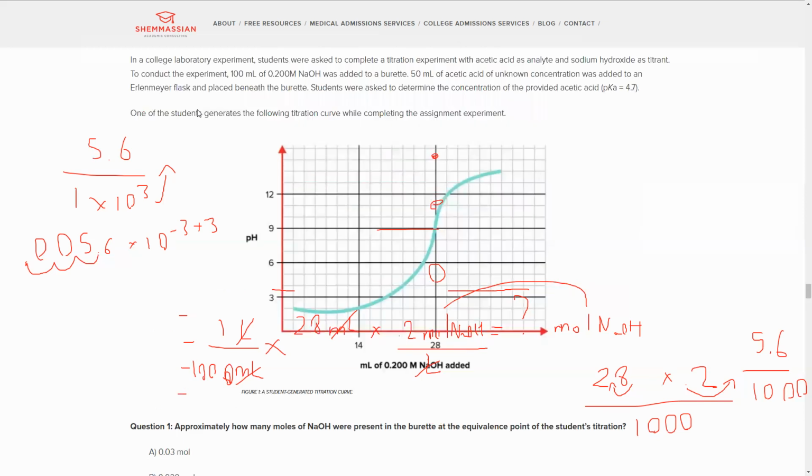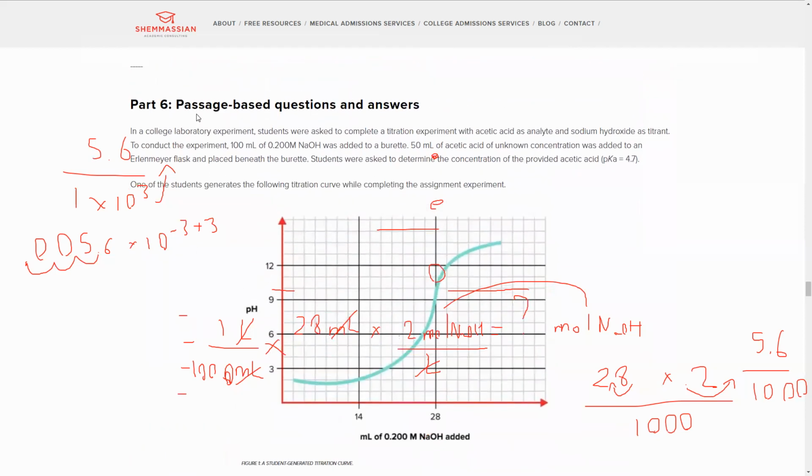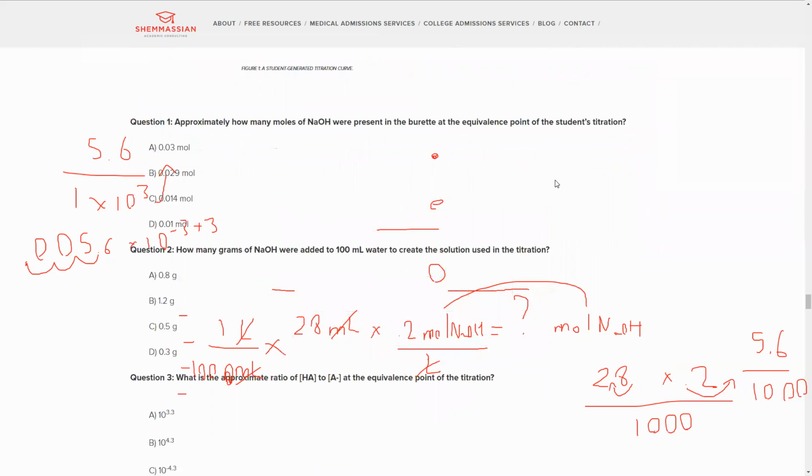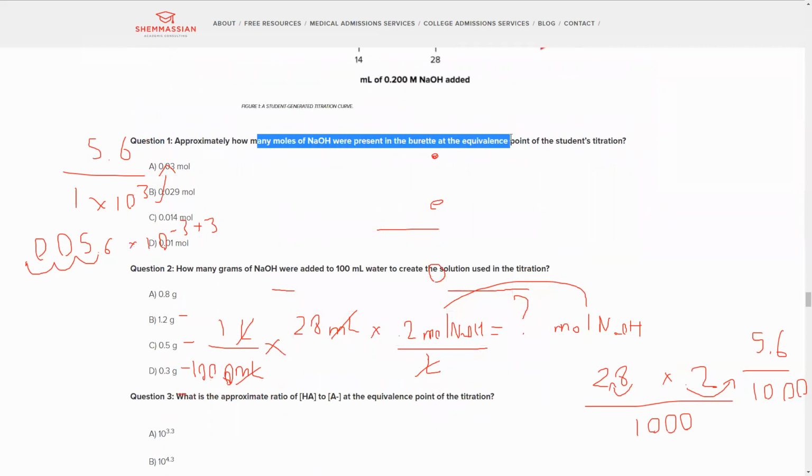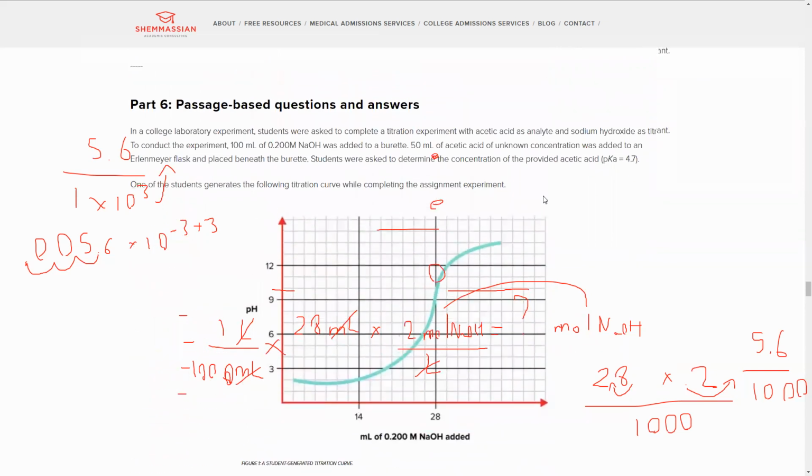Perhaps what they wrote before the graph. Oh, wait a minute. Approximately how many moles of NaOH were present in the burette at the equivalence point?